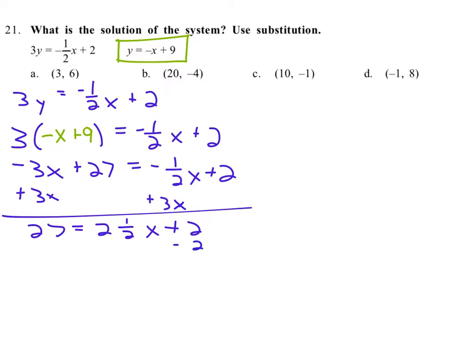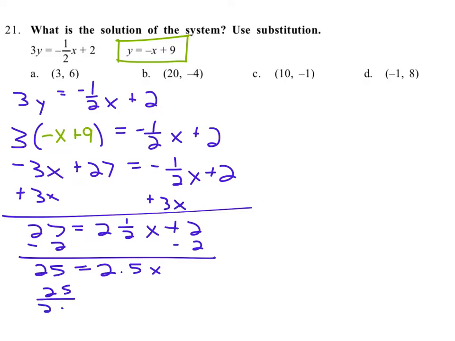So we say minus 2, and we get 25 equals 2.5x. You can also write it as 2.5x, and I'm going to do that just so that you can see what happens next, which is we're going to divide both sides by 2.5 because that's the coefficient on the variable.